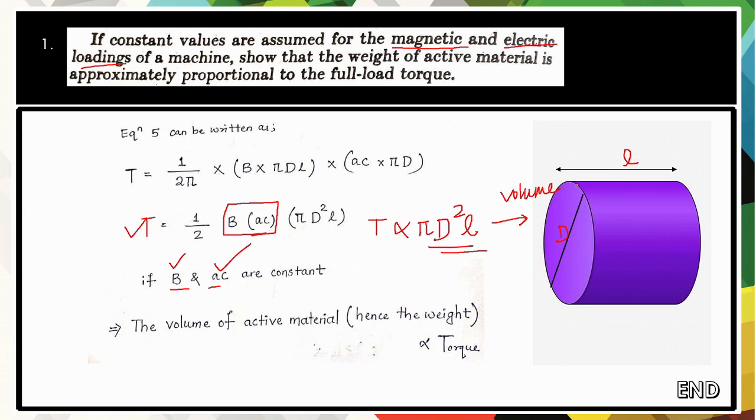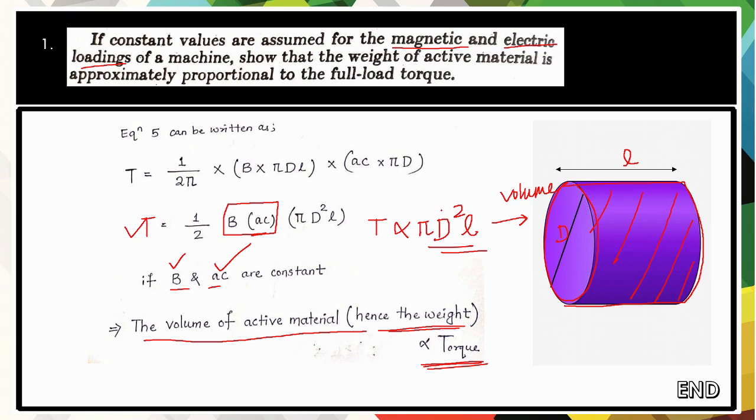If you assume the machine to be cylindrical, then pi d square L will give you the volume of the cylinder. So the volume of active material is proportional to torque. Hence, weight is proportional to torque.